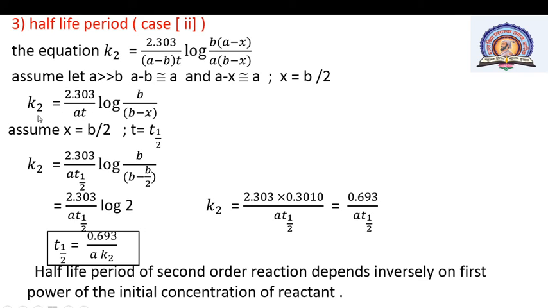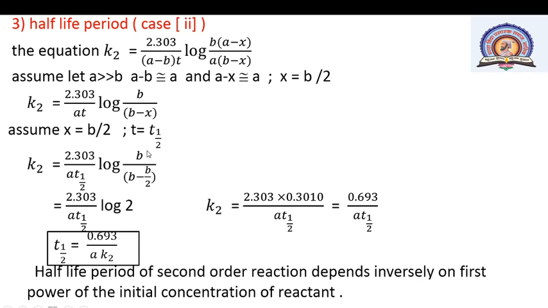Then in the above equation, k2 is equal to 2.303 divided by a into t, log of b divided by (b minus x). Assume x is equal to b by 2 and t is equal to t half.